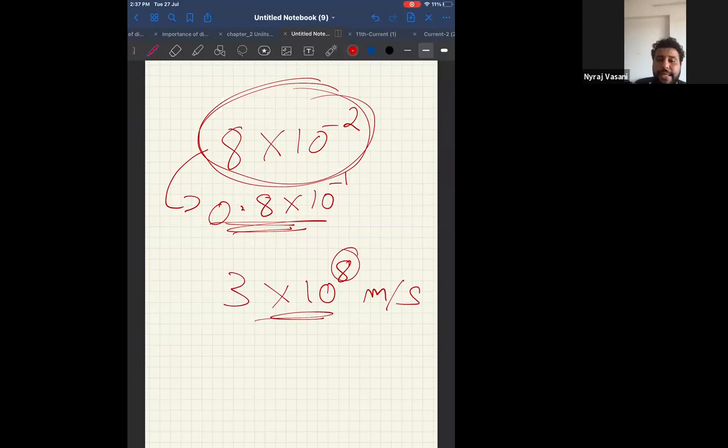Now you might ask why the speed of light is not given as 30 into 10 power something, or why not 0.3 into 10 power something? You can give it in whichever form you want, but from today, any final answer that you give has to satisfy order of magnitude, especially 10 power answers, especially constants.